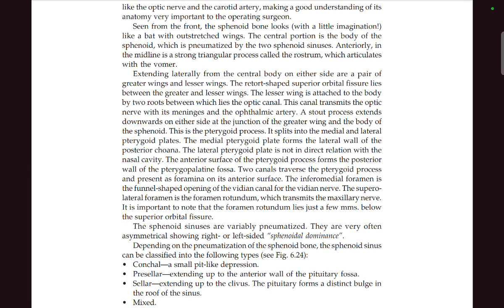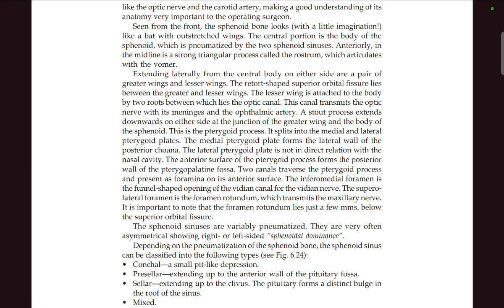The retort-shaped superior orbital fissure lies between the greater and lesser wing. The lesser wing is attached to the body by two roots between which lies the optic canal. This canal transmits the optic nerve, with its meninges, and the ophthalmic artery.